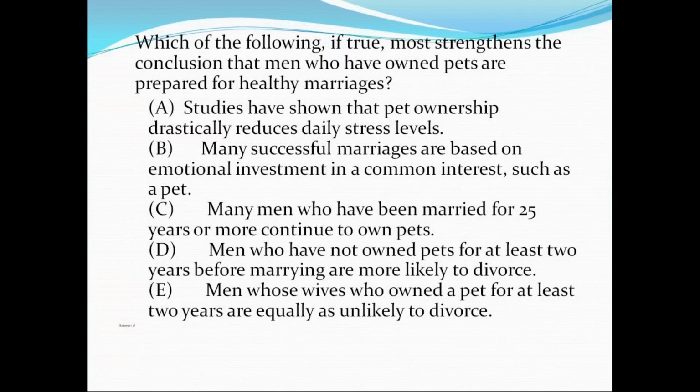So if you have not owned a pet and you're more likely to divorce, that seems to strengthen the idea that pets do protect you against divorce. Yeah, that's right. Okay, good. So it is D. I don't know how true that is, to be honest, in reality.